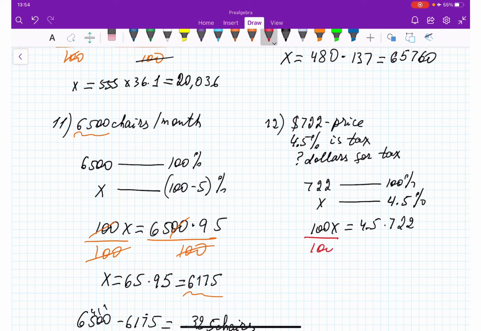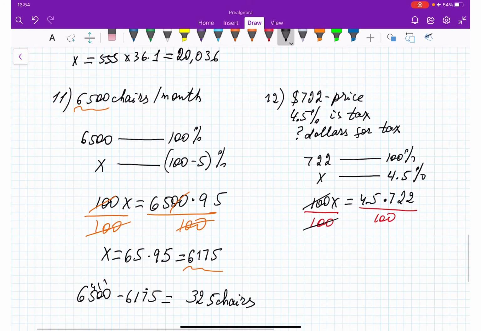Dividing by 100, this is gone. So 4.5 and 100 we can reduce by 5. 4.5 divided by 5 is 0.9. 100 divided by 5 is 20.